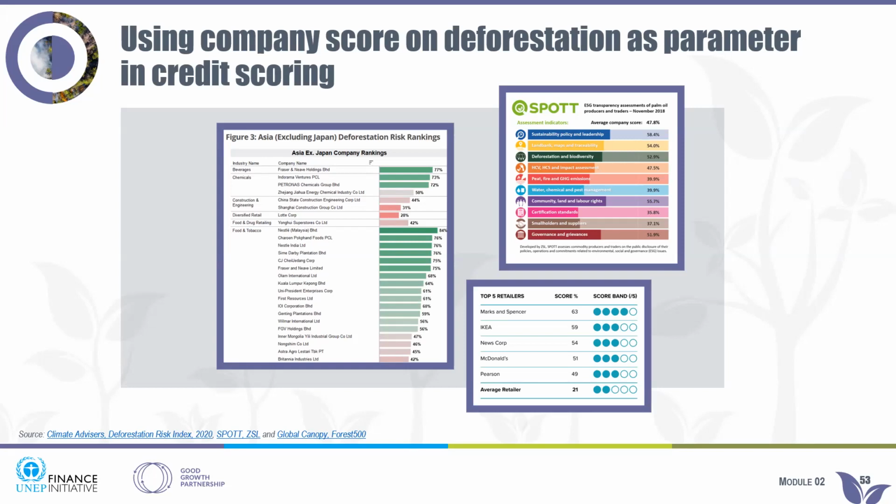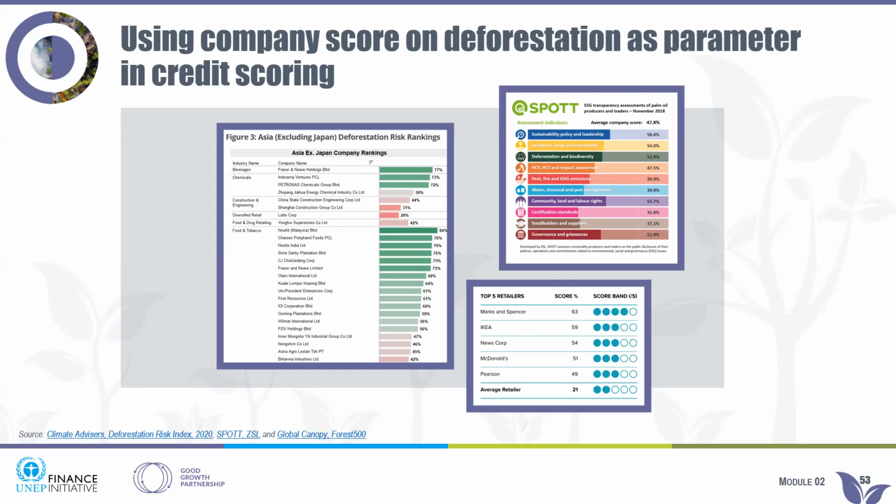Another tool is called ZSL Spot, which is quite useful if you have some exposure in the palm oil, tropical forestry, and natural rubber sectors, because it provides an assessment of the performance of companies in those sectors against over 100 sector-specific ESG indicators, and they benchmark the progress over time.